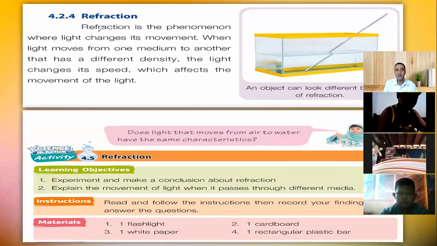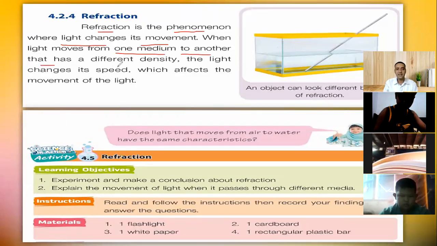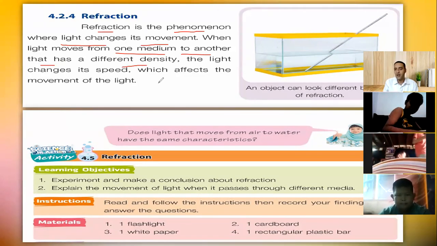Refraction is the phenomenon where light changes its movement. When light moves from one medium to another that has a different density, the light changes its speed, which affects the movement of light.